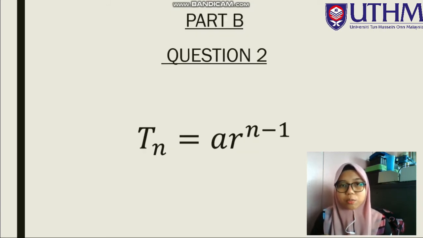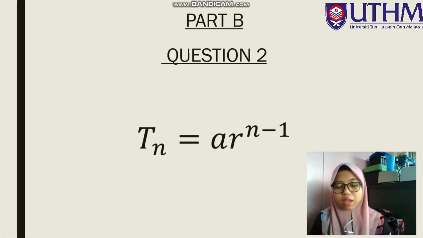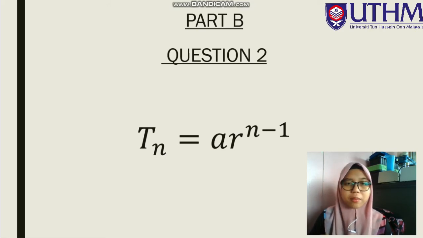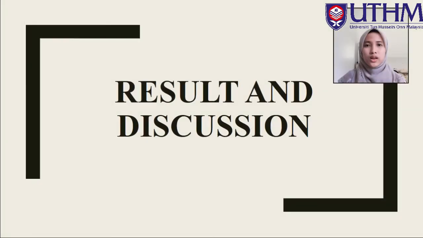For part B, question 2, we use this formula which is Tn equals a r to the power of n minus 1, where Tn is the general term, n is the position of the term, a is the first term, and r is the common ratio.